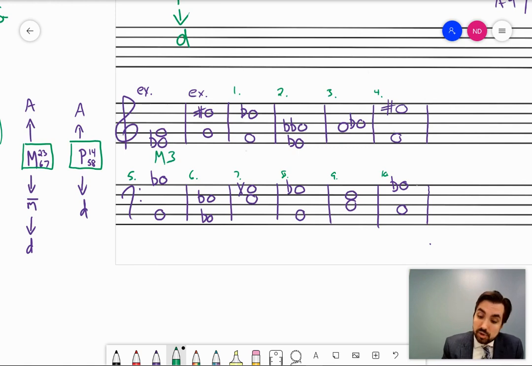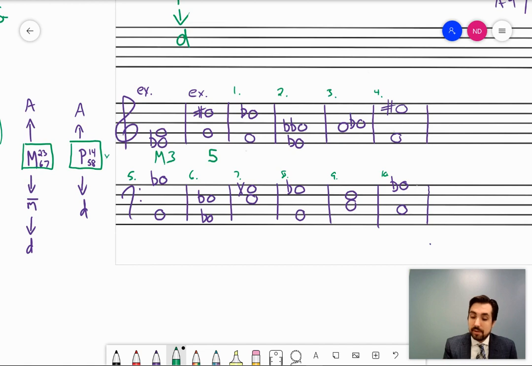Second example, G to D sharp is generically a fifth. Is D sharp a member of the G major scale? No, it is not. G has one sharp, it's F sharp. Okay, if D sharp isn't the fifth note of G major, what is? What is the fifth note of G major? It's D natural. Okay, so if it was D natural, I would have had a perfect fifth.